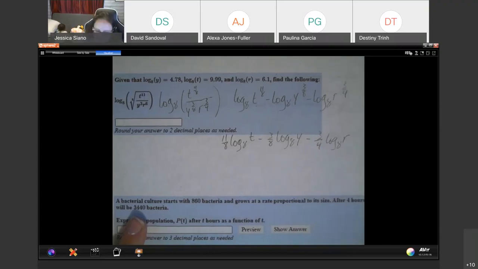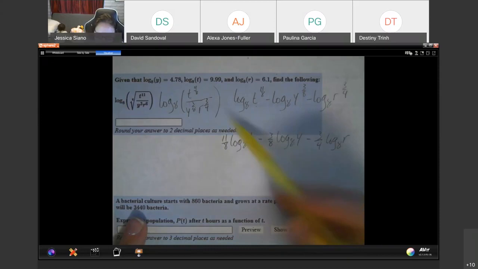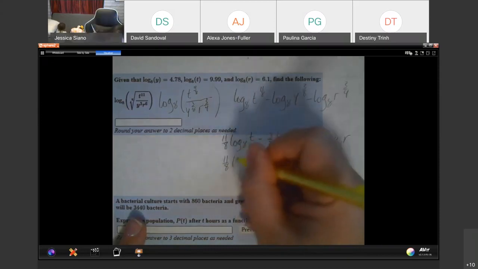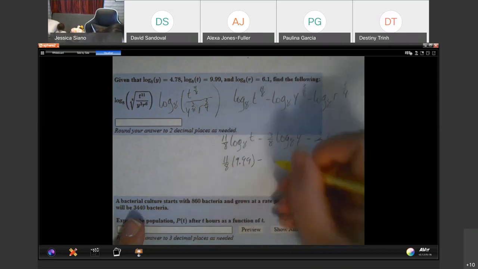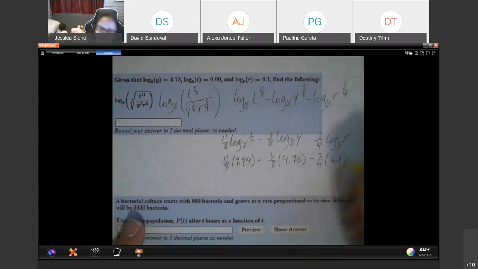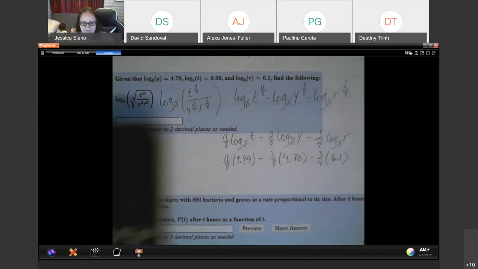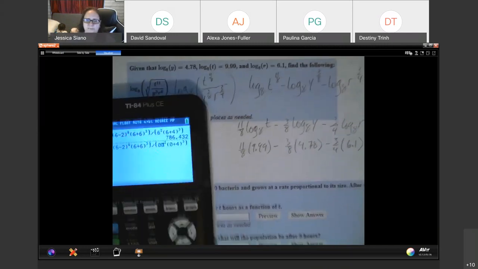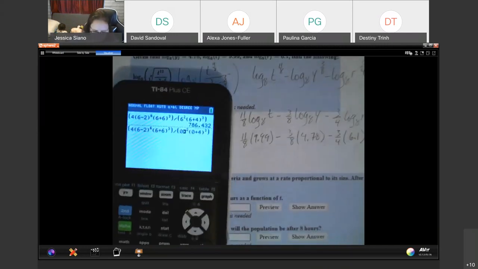Okay, now I know that log base 8 of t is 9.99. 3/8 log base 8 of y is 4.78. Log base 8 of r is 6.1. And now it's calculator work. Nice.